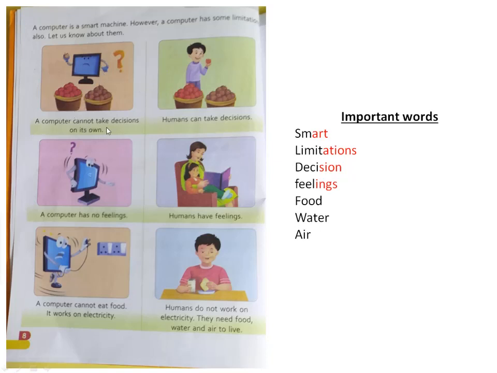A computer cannot take decisions on its own, but humans can take decisions. A computer has no feelings. Humans have feelings, right? A computer cannot eat food. It works on electricity. Humans do not work on electricity. They need food, water, and air to live, right?